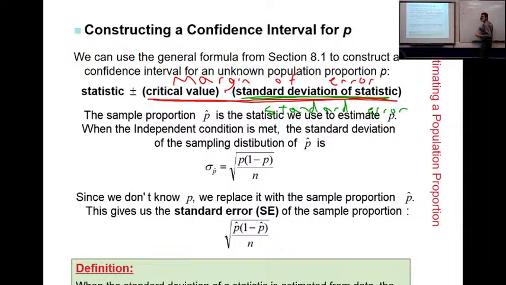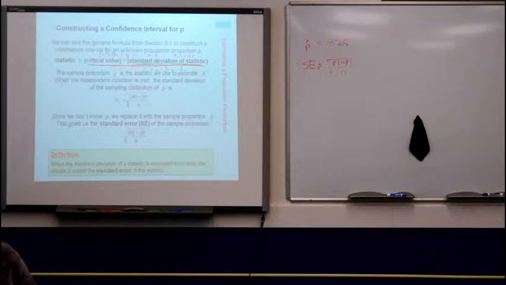Okay, so when we go to do the standard error, the standard deviation formula is going to be the square root of p hat times 1 minus p hat over n. That's going to be the standard deviation formula.